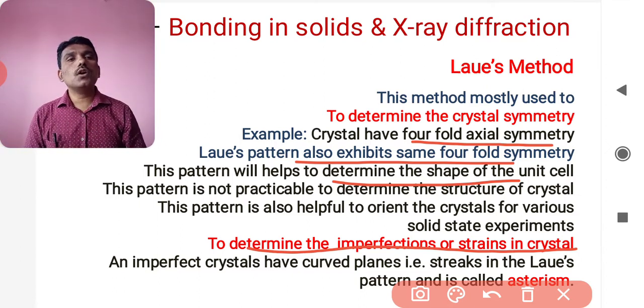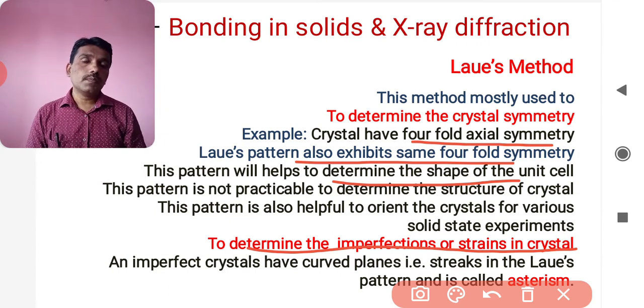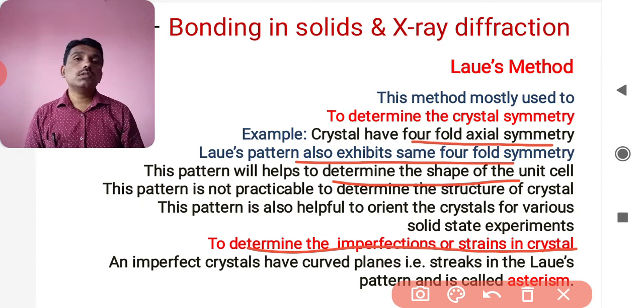This is how Laue's method is useful for determining crystal symmetry as well as imperfection or strain in the crystal, which is also useful for different solid state experiments. So this is one part of Laue's method.